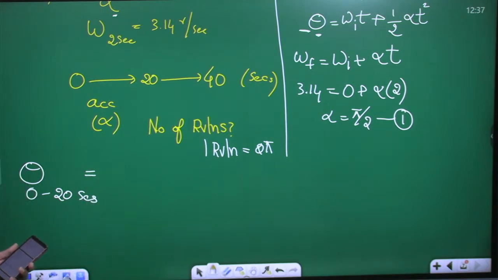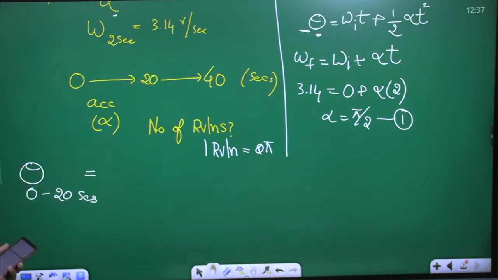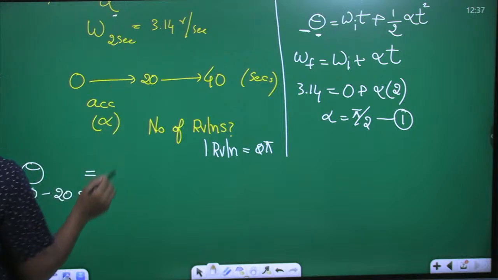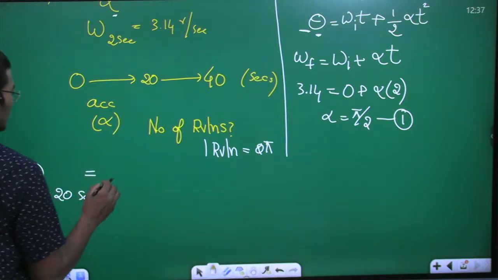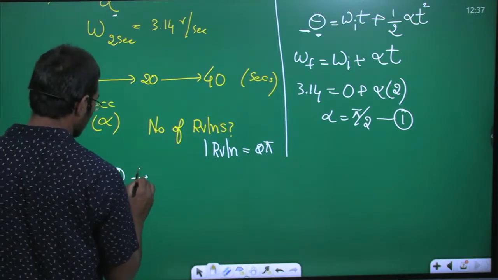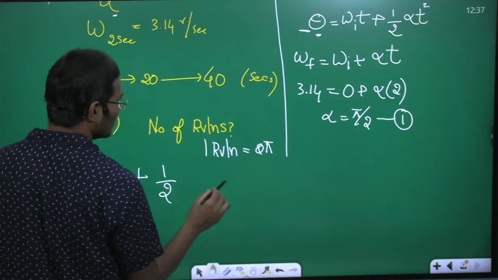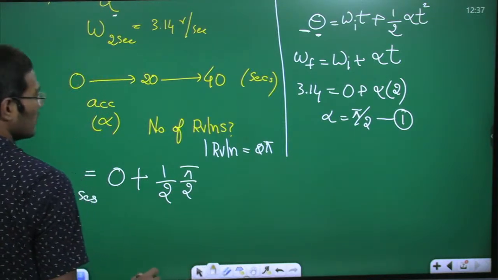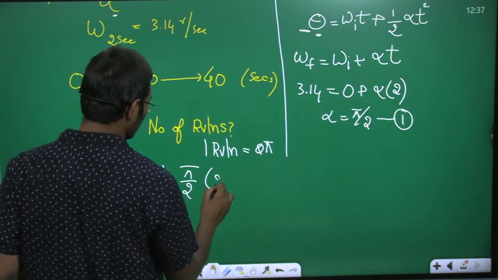How do you find it directly? Initial velocity at t equal to 0, let us take from rest, okay? 0 plus half, we got alpha, that is pi by 2, and t square, 20 whole square.